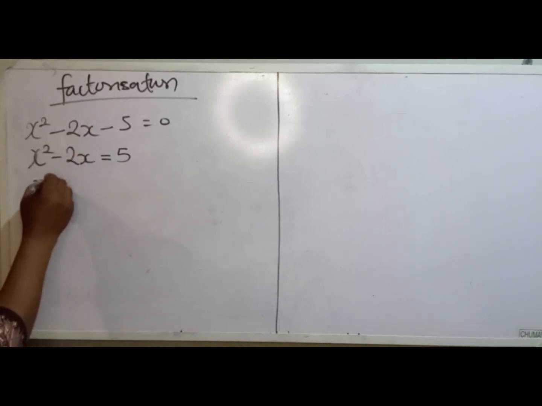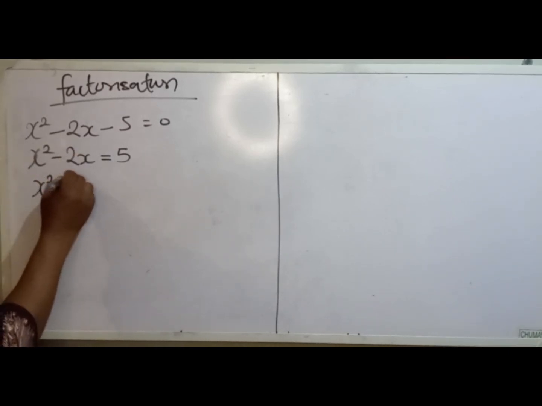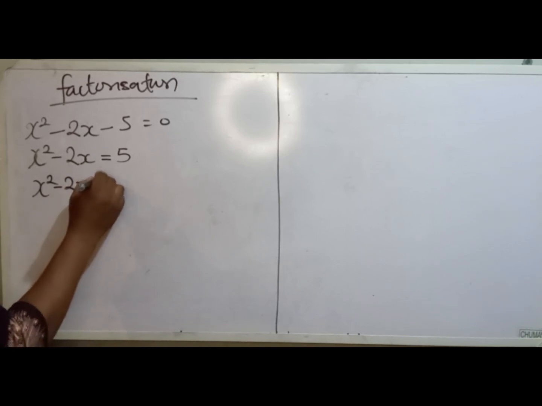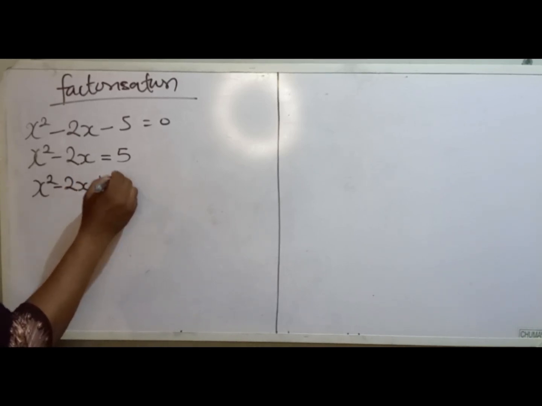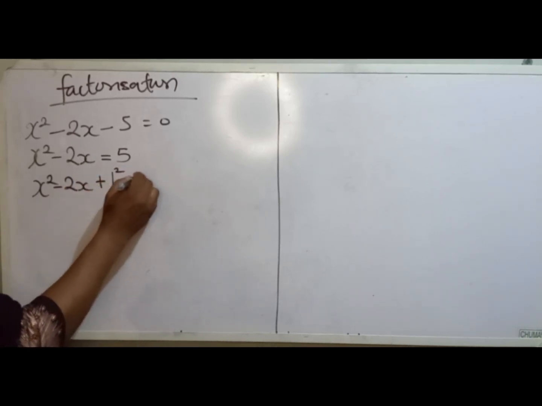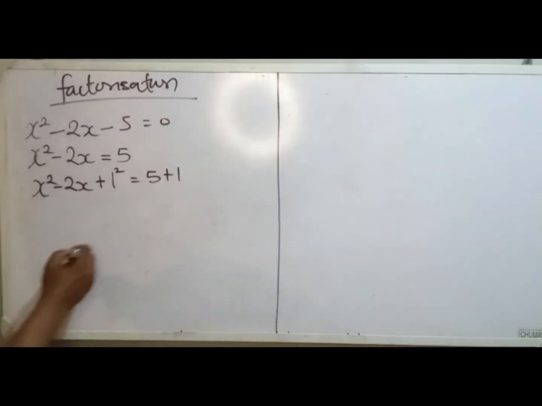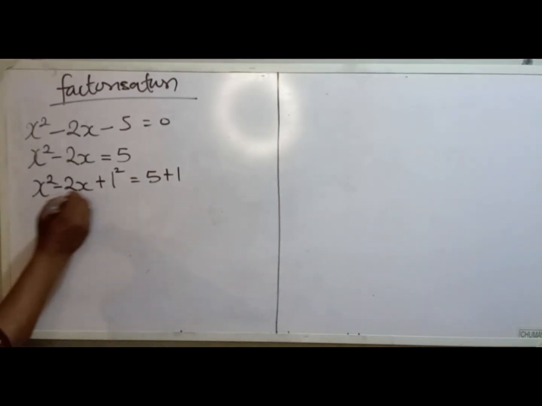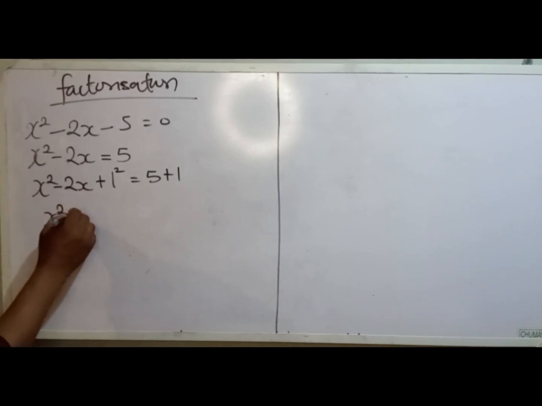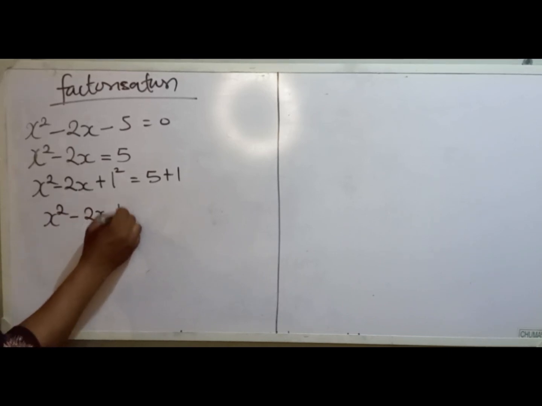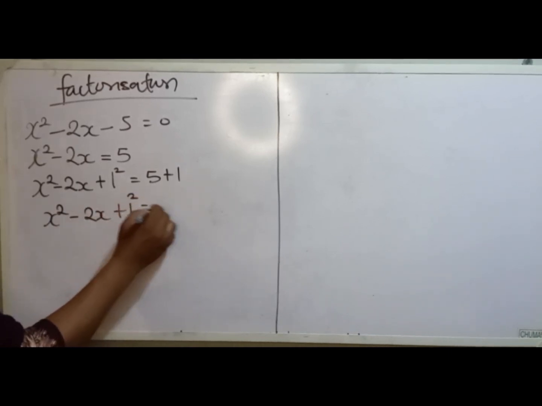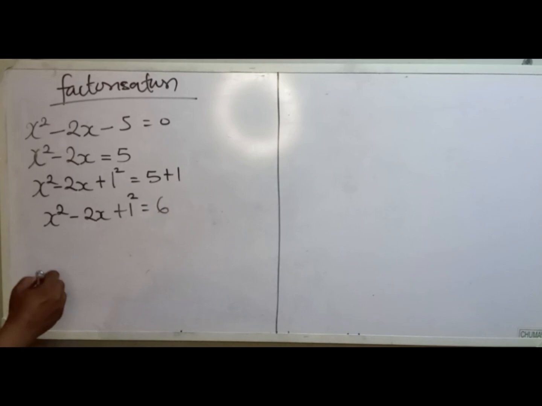It's going to be x squared minus 2x plus 1 squared equals 5 plus 1. So I have x squared minus 2x plus 1 squared equals 6.